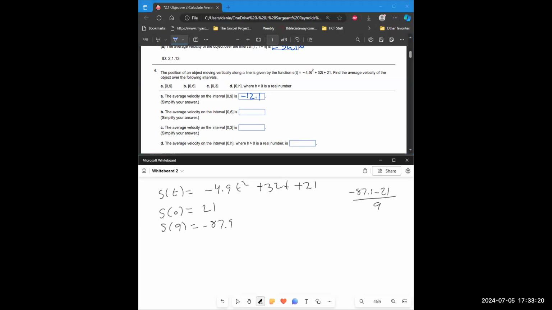S of 6 is negative 4.9 times 36 plus 32 times 6 plus 21, which is 36.6. So 36.6 minus 21 over 6 is 2.6.